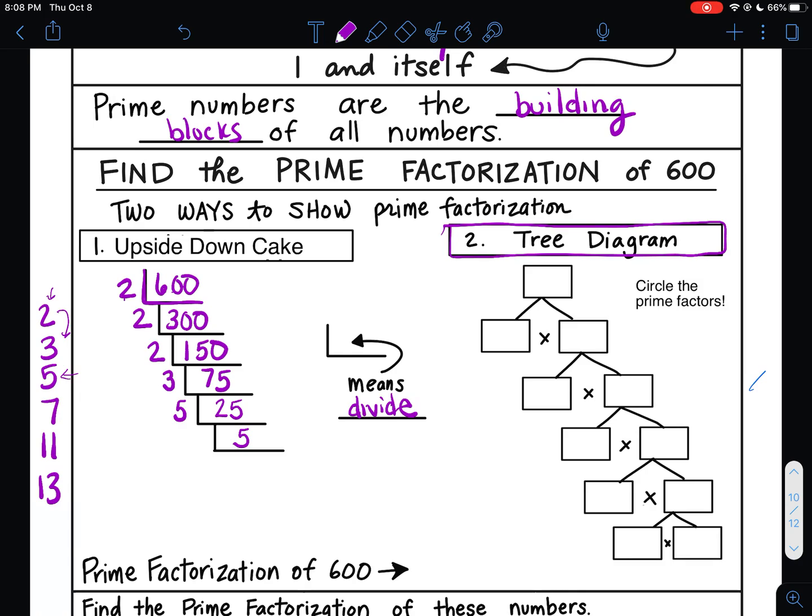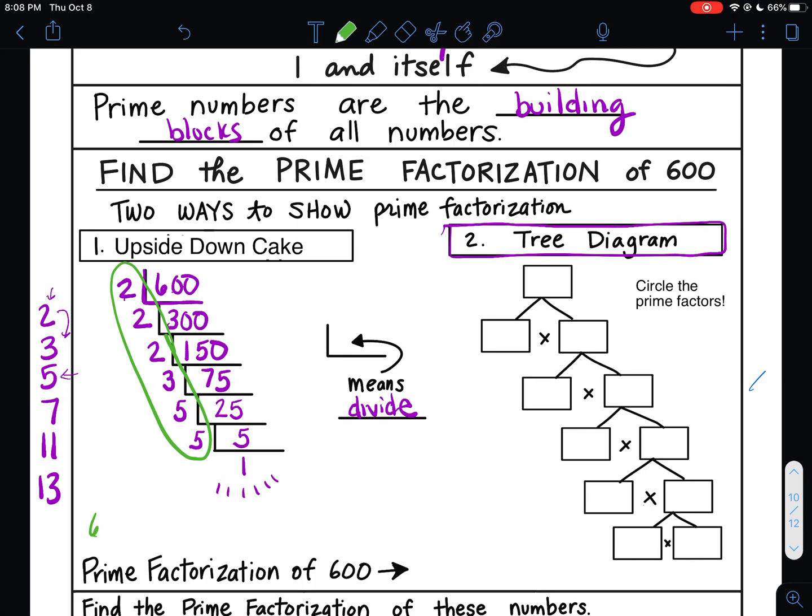And then we know 5 is divisible by 5. And that gives you 1, which is your candle on your cake. It's kind of like an upside down cake if you turn your paper upside down. Okay? And then your prime factorization is actually right here.